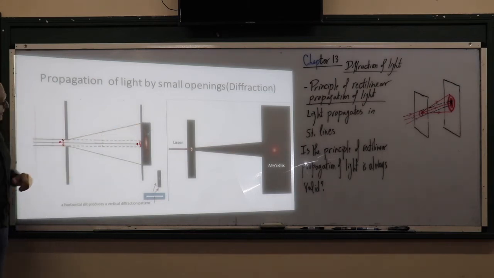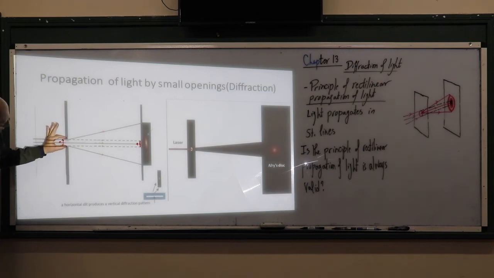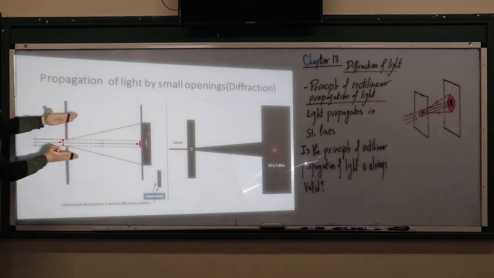So what happens here? Light, during its passage through the slit, doesn't obey the principle of rectilinear propagation of light anymore here, at this position, at the edges of the slit. It has bended during its passage.